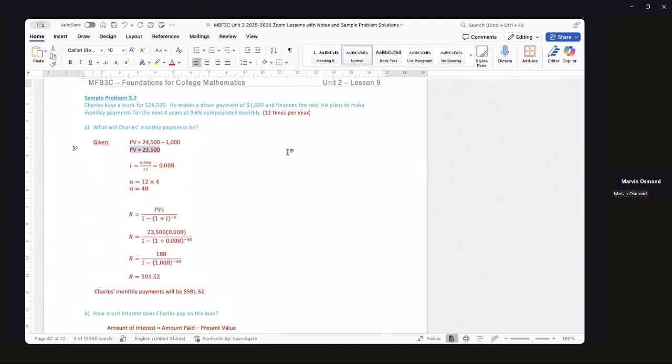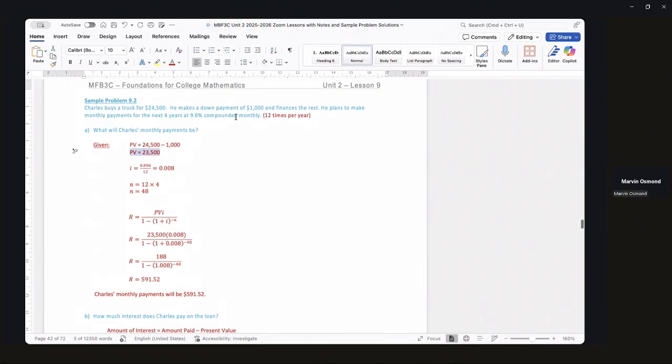So that's how much money he has to repay. The interest rate is the interest rate per period, so we need to know the interest rate per month. Take 9.6, divide that by 100, is 0.096. That's the interest rate as a decimal. Divide that by 12 and you'll get 0.008. That's the I value.